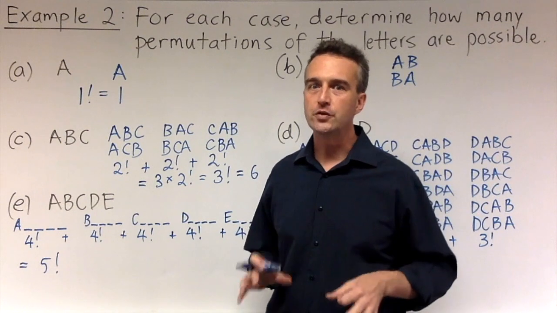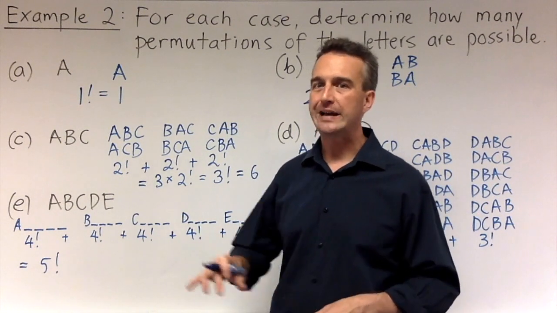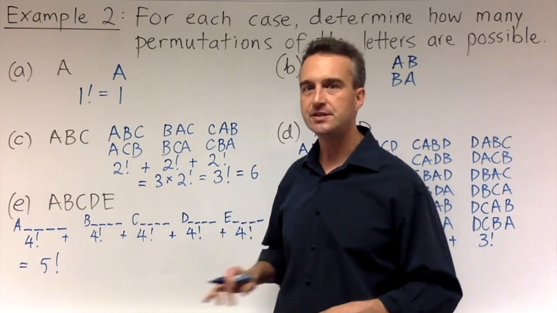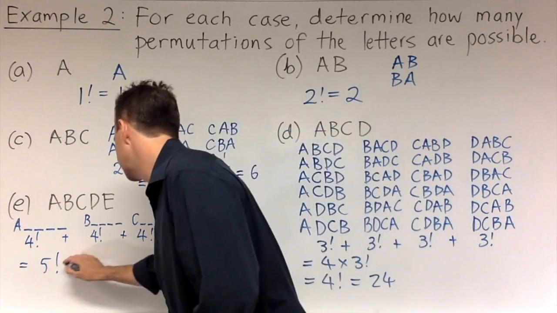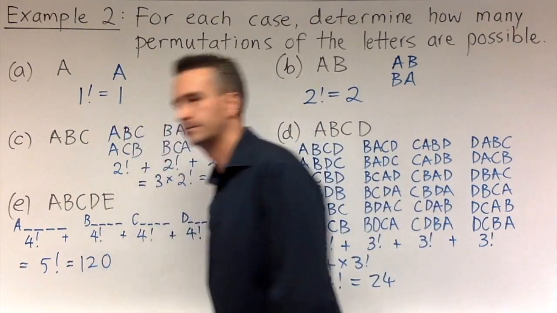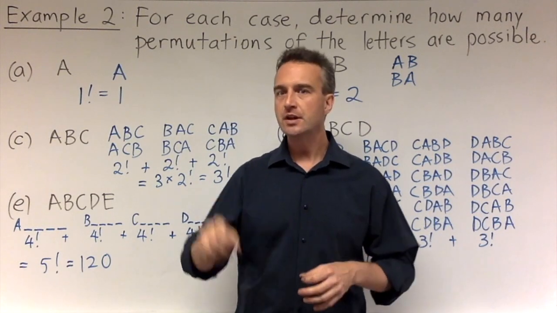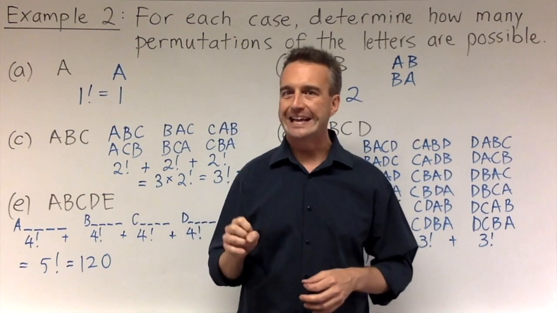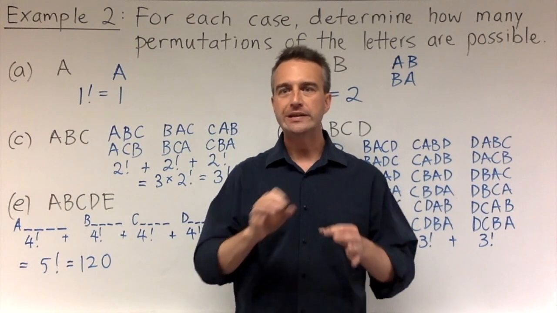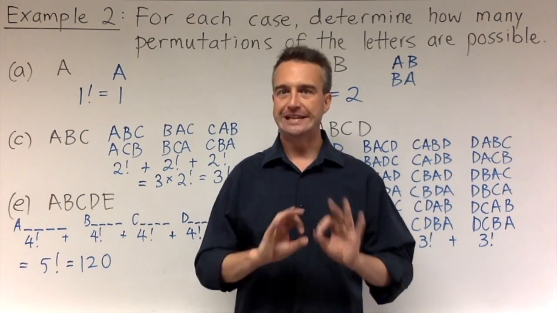So if you actually wrote them all out, there would be 120 different permutations of 5 letters. So there we have it. That was a pretty long process, but it just confirms that factorial n is the number of ways that we can permutate n objects in a row.